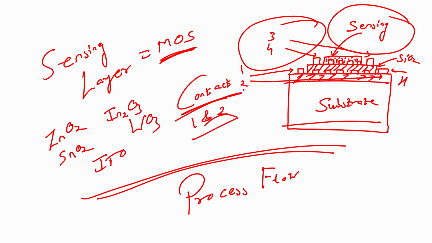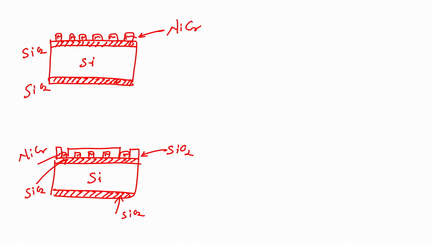Now, on the silicon dioxide, I want to have the sensing layer and electrodes. So, the next step is I will deposit a metal. Let me mark the pattern for the metal as XX. This metal is chrome gold, and it is for electrodes.